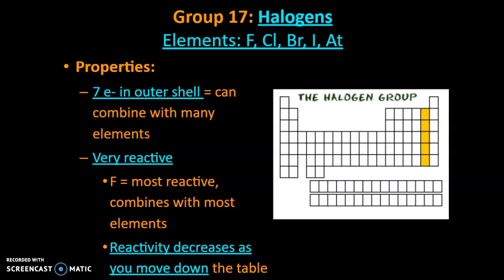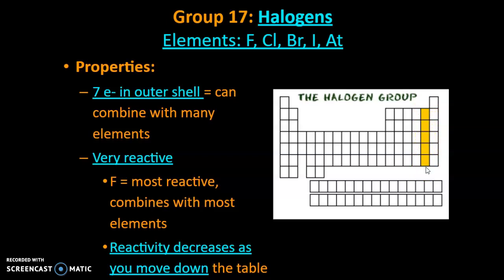So they can combine with a lot of other elements because they want to be stable with that 8 electron rule. So they're going to be very reactive. In fact, fluorine, which is right here, is going to be the most reactive and combines with many different elements. The trend to notice is that the reactivity is going to decrease as you go down the family.